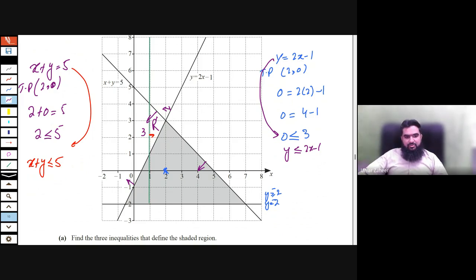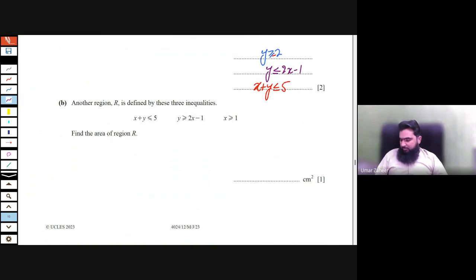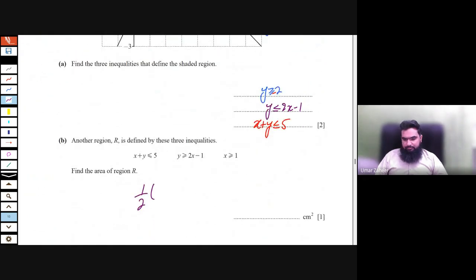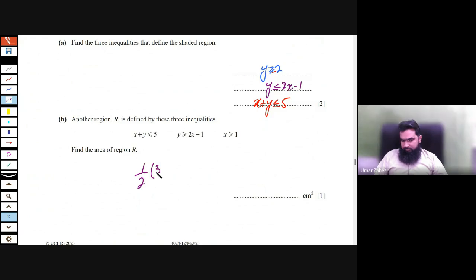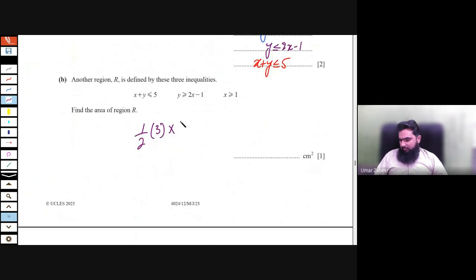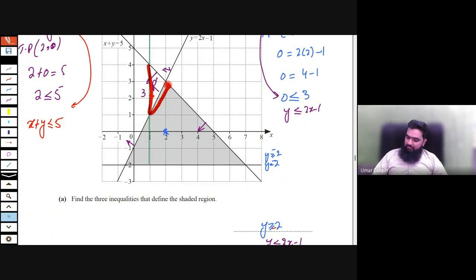We are getting the triangular shape, so now it is going to be easier. 1 by 2, the base is 3, into height. The height is 1. So the final answer will be 3 over 2, that will be 1.5 centimeter.